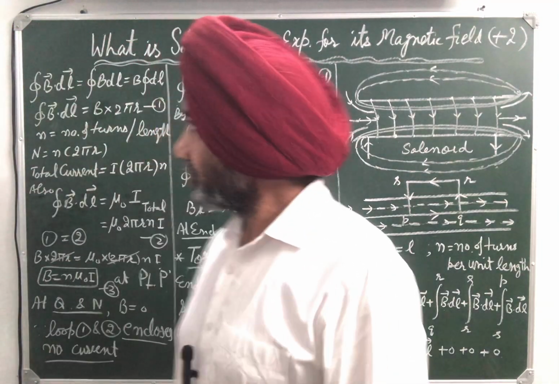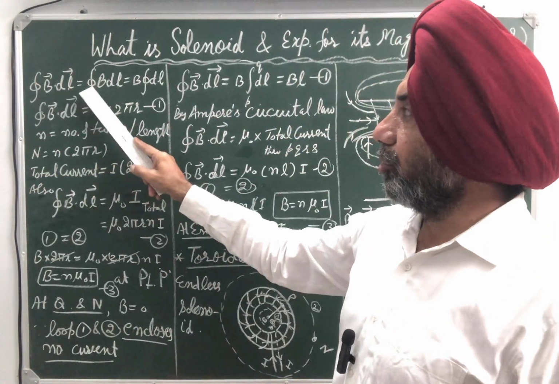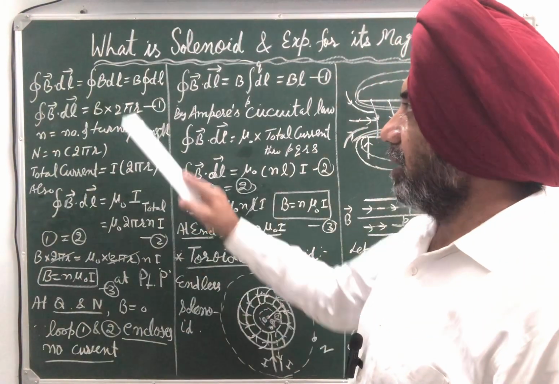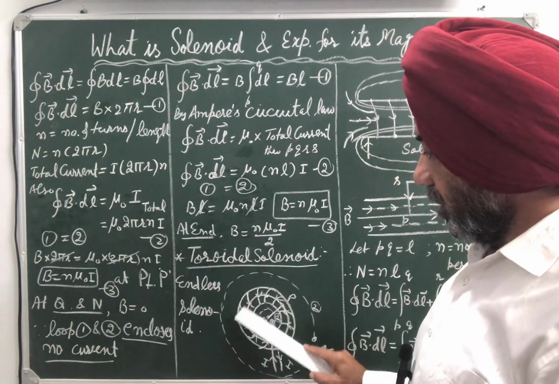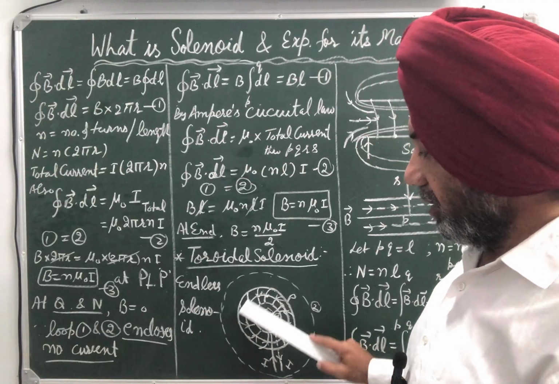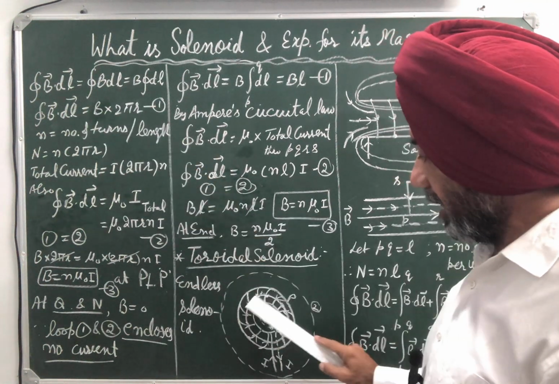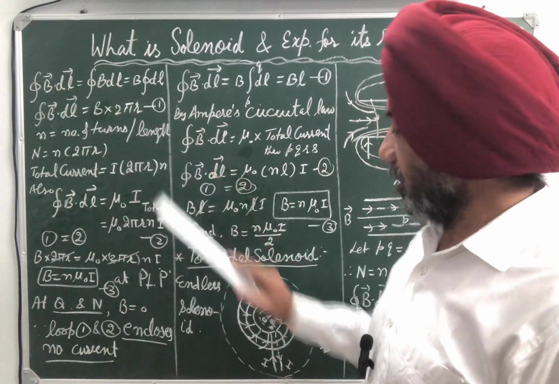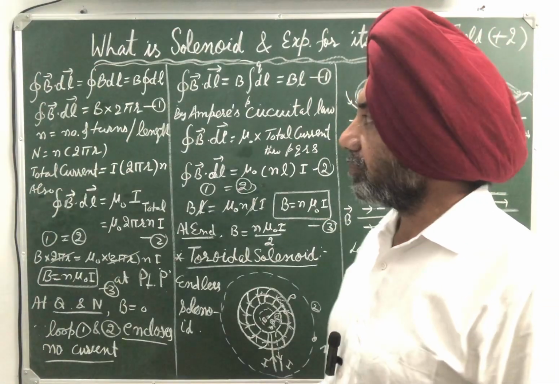So let us suppose line integral B dot dl is equal to B dl cos 0, cos 0 is 1, so B into line integral dl. So dl will be for the radius, so it will be the total length. Total length is in this case 2 pi r, not L. So B into 2 pi r, the circumference of the ring.